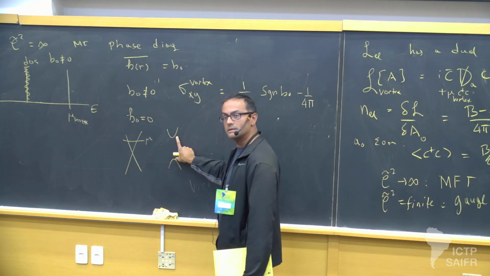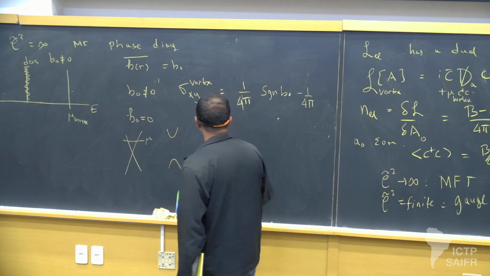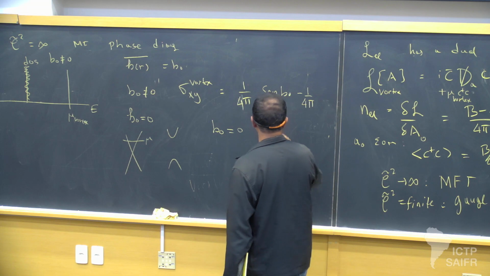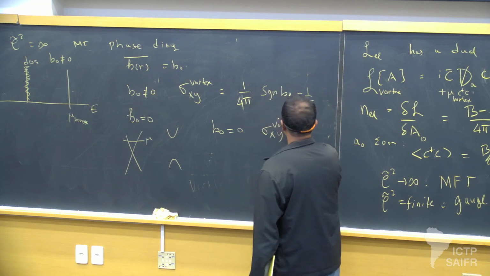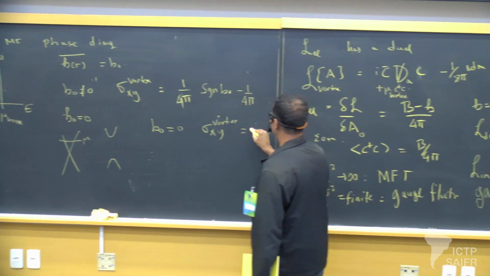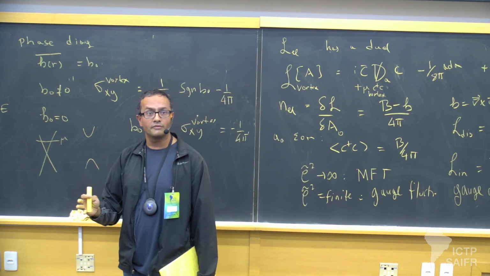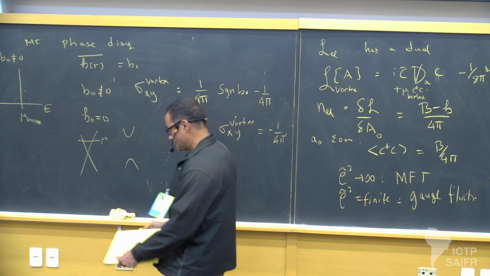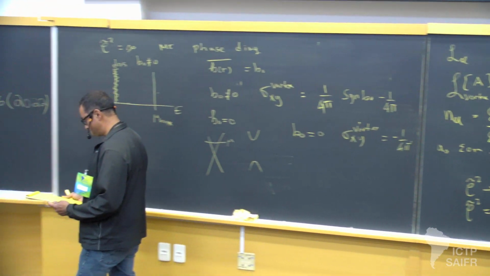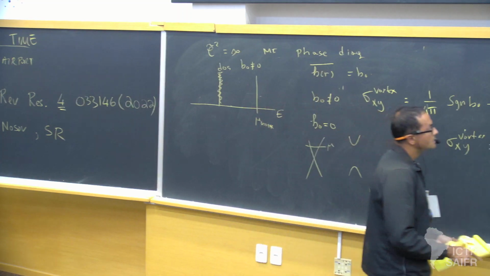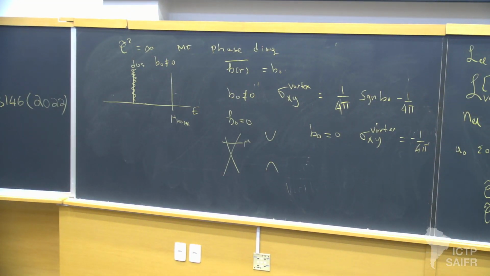The entire Hall conductance comes from the partner fermion. So when B naught equals 0, sigma xy of the vortices is exactly this, minus 1 over 4 pi. It's a half, exactly 1/2. Okay? And that is extremely significant. Let me go over here.